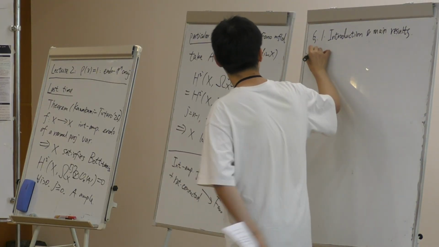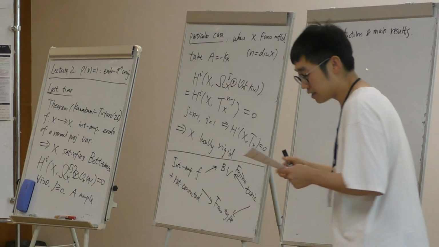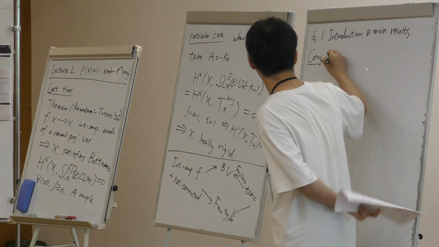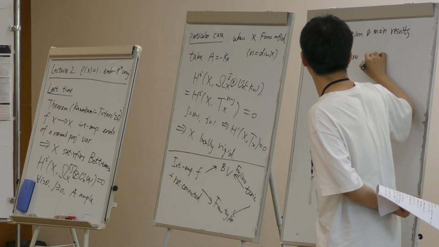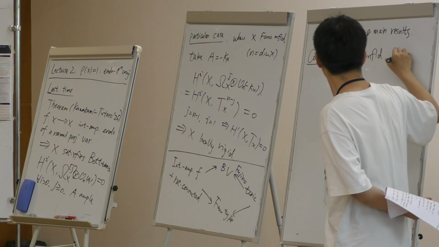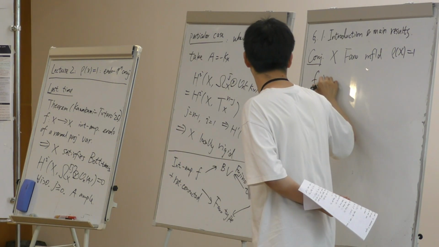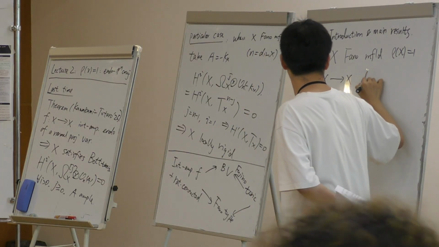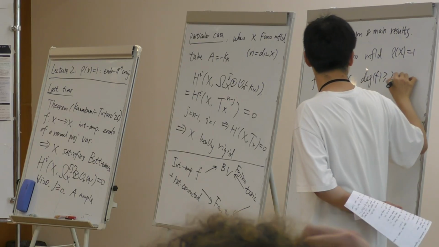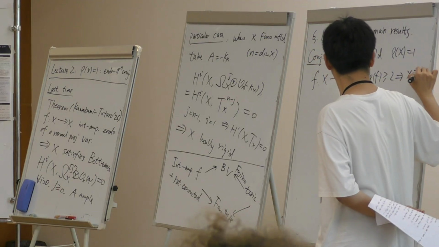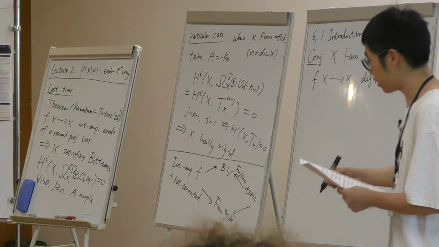We recall this conjecture, which I call the endomorphism P^n conjecture. It says that if X is a Fano manifold of Picard number 1, so that it admits a non-isomorphic surjective endomorphism, with degree of f greater than or equal to 2, then X has to be the projective space P^n, where n is the dimension.